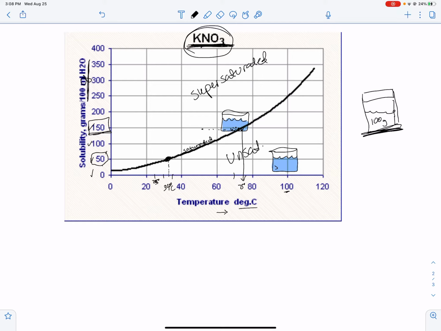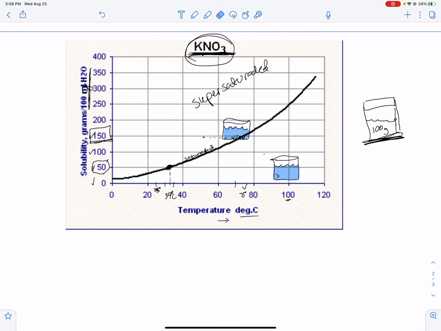Now, the questions aren't just about whether or not you're on the line. The questions are also about whether or not you're unsaturated or supersaturated. So if we go back to this 50 right here, and we know at this temperature, this 37 degrees, that 50 grams will be dissolved, well, what if we had put 40 grams in? Well, it'd be like right here.